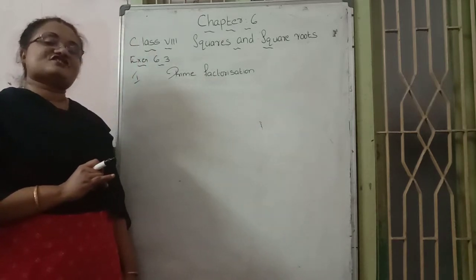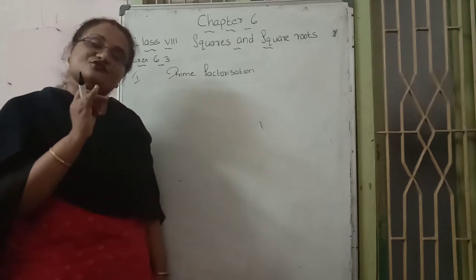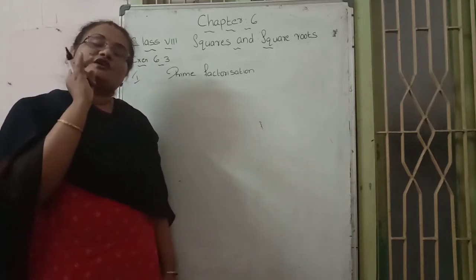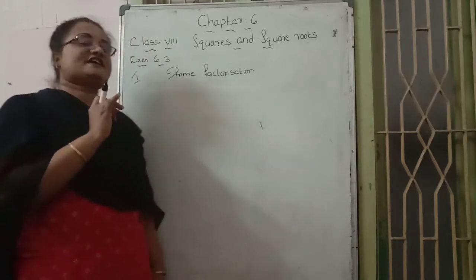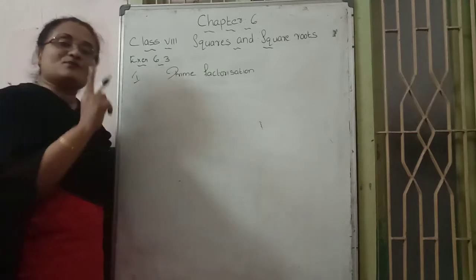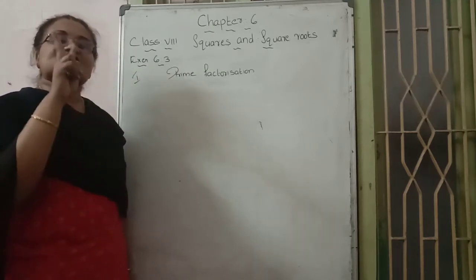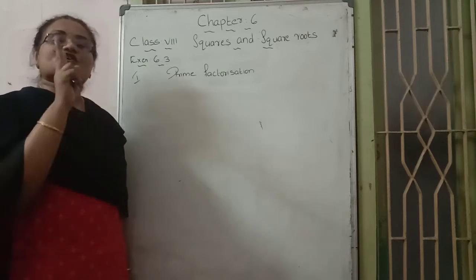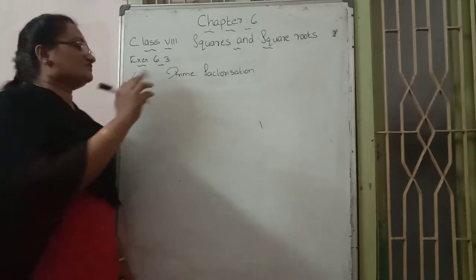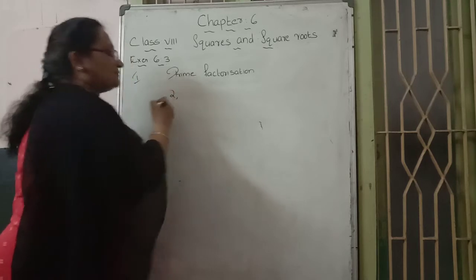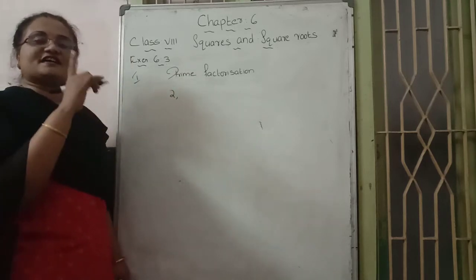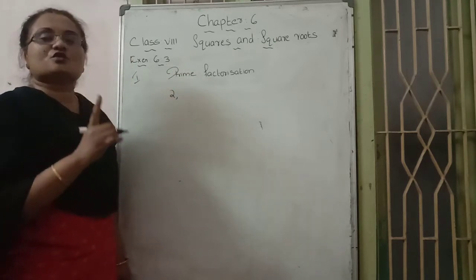In the prime factorization case, first of all, you should know what the prime numbers are. Prime numbers are numbers having only two factors, one and the number itself. 2 is a prime number, with only the 1 table and the 2 table.